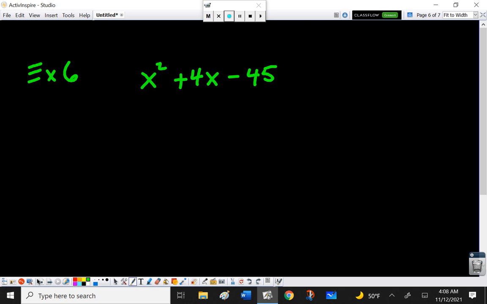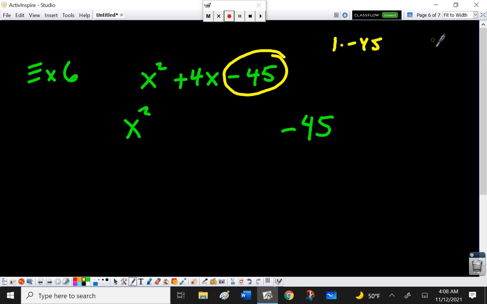And here we go. I know I keep skipping this step here. I'm going to go ahead and write this here. Part of the reason why I do this is it reminds me to look at this back number. This back number is negative, so this is where I have to do the positive and negative sides. So I'm going to say positive 1 times negative 45.